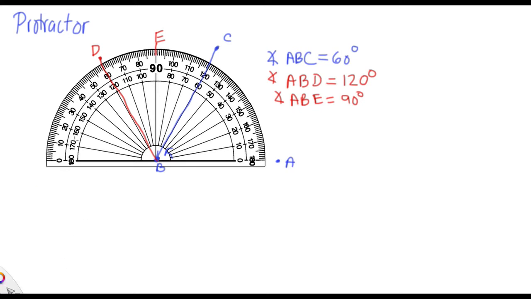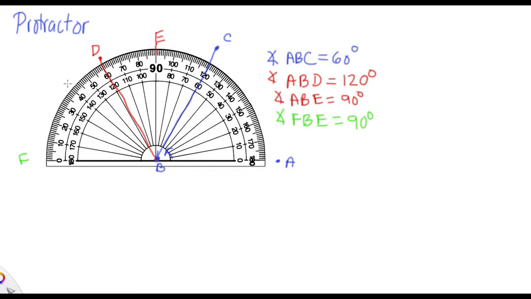If you came from the opposite side, let's call this F, and we looked at FBE, it would also equal 90 degrees. Notice that there is no other number here, it's only 90, because as you approach 90, you are approaching a right angle, which is an angle that is 90 degrees.